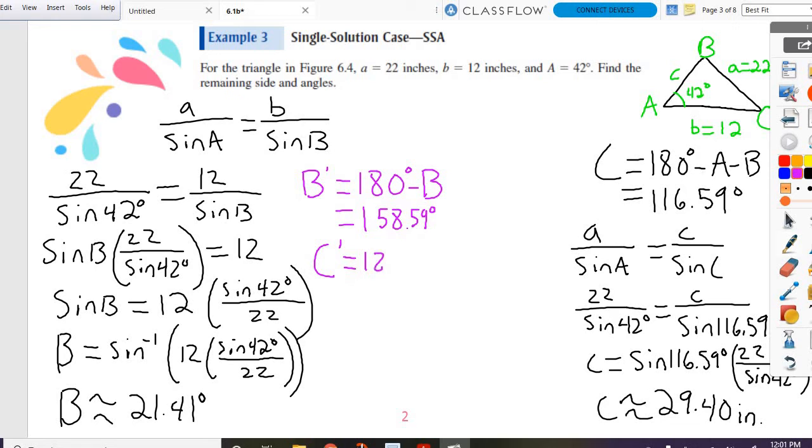The only difference now is instead of subtracting just big B, we're going to subtract that second option that we got for big B. So B prime. Okay, and what do we get if we do that?